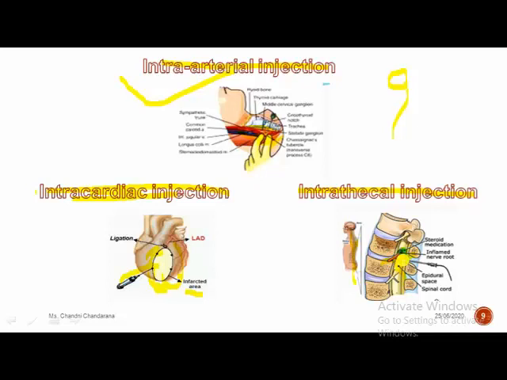It should be given into the subarachnoid space surrounding the spinal cord. This kind of route is for spinal anesthesia, so it is given when it's needed for spinal anesthesia. You can see this is the spinal cord and it is known as intrathecal injection.